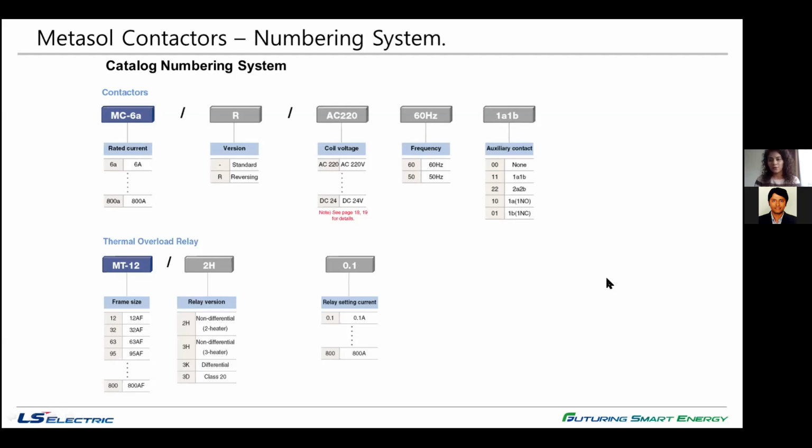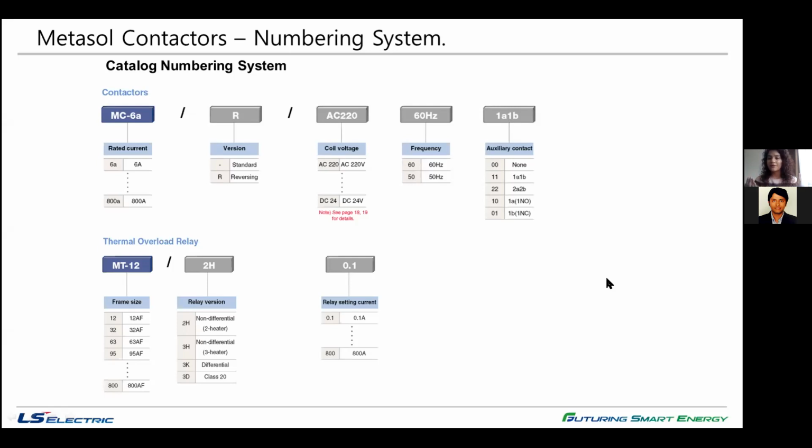Now, thermal overload relays, how do you select those? We denote it with the series name MT series, and then comes the frame size, whatever you have selected for the contactor, the same ampere frame size. And now the relay version. We have 3 relay versions: non-differential, differential, and class 20. I just want to highlight the main difference between non-differential and differential.